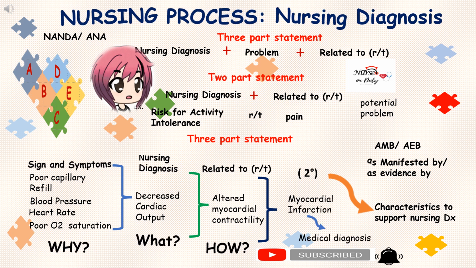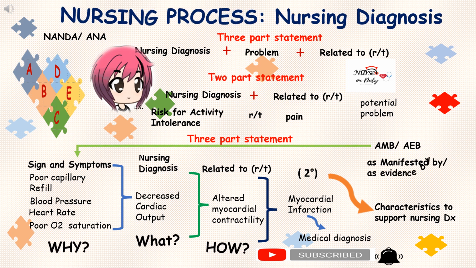Pwede ka rin gumamit ng AMB or AEB para ma-define yung characteristic or para ma-supplement yung diagnosis mo. What is AMB? That is manifested by, or AEB as evidenced by. Parehas yun. So, i-define mo lang yung characteristic based on the signs and symptoms para ma-support yung diagnosis. So, i-add mo dun kung ano yung mga symptoms na nakita mo based on the data that you gathered.